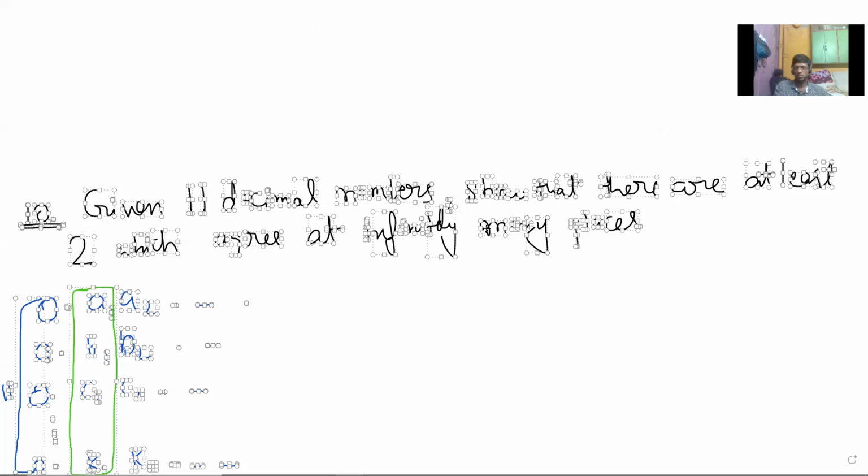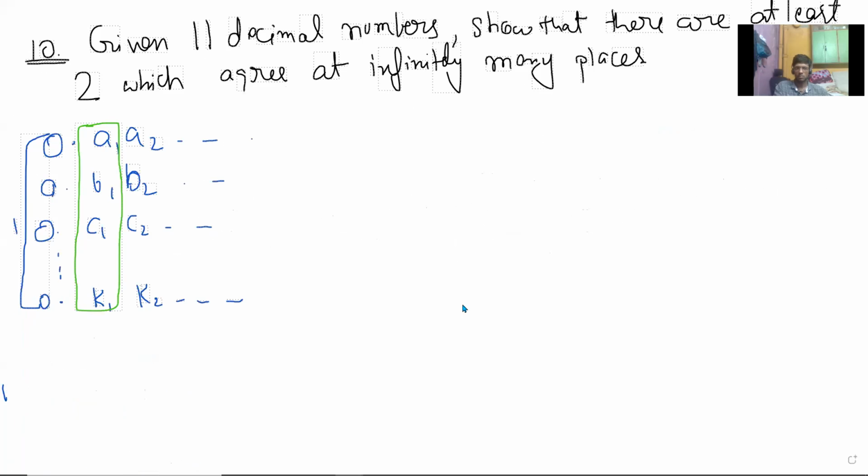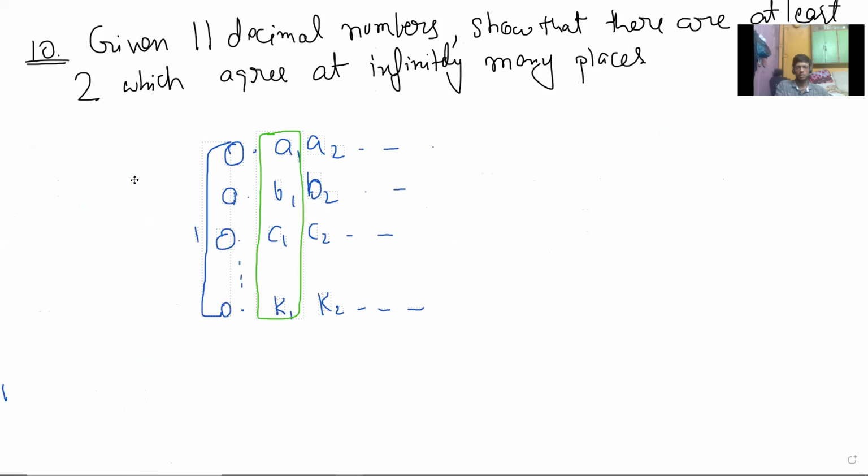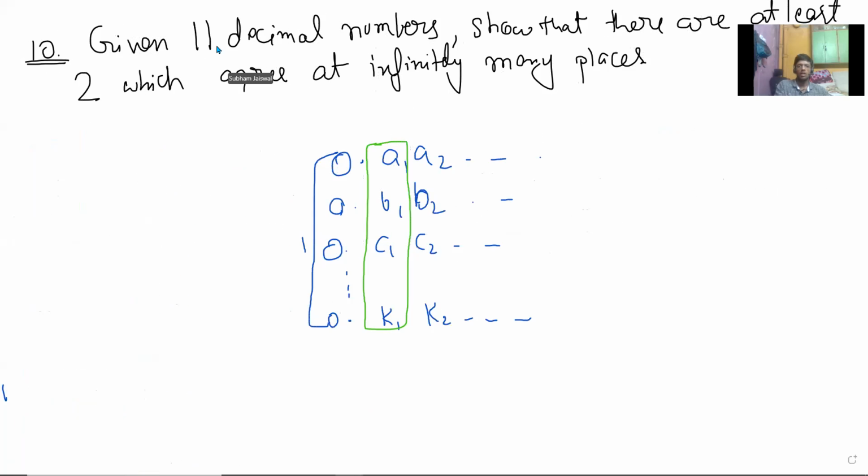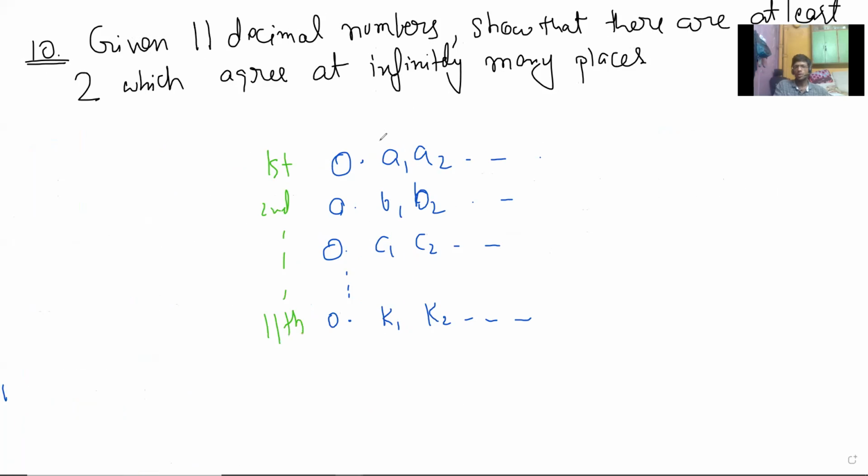Second column also two numbers will agree, but which two numbers will agree, we don't know. So first, second, I'm just writing it like this, up to 11th. So in the first column, two numbers will agree.